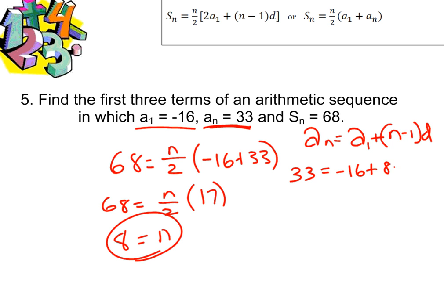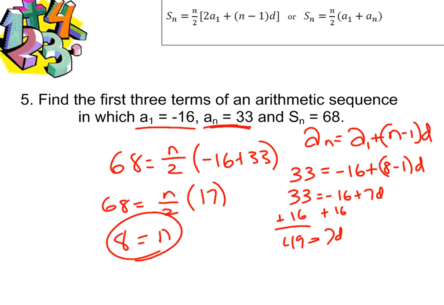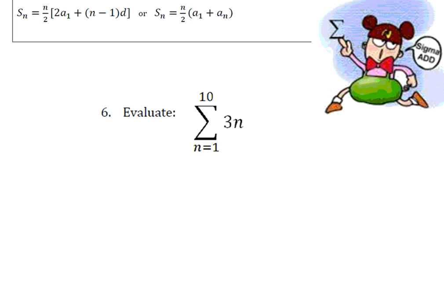So this is going to be 8 minus 1 times d. So add 16, add 16. So that's going to be 49. So my common difference is going to be 7. That's kind of using that explicit formula a little differently.